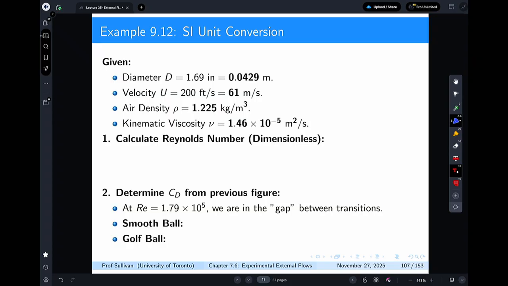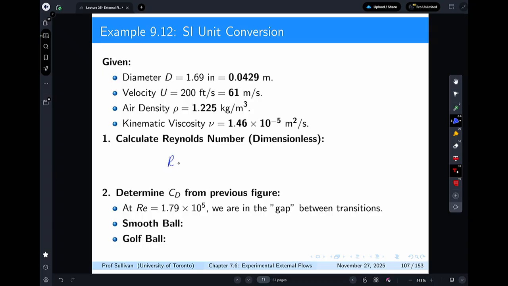The diameter of a ball is roughly 1.7 inches, 0.0429 meters. Velocity is 61 meters per second, plus density and viscosity. And we can calculate from that what the Reynolds number is, and I've, of course, given you the answer just below.